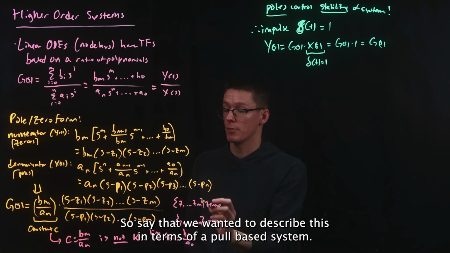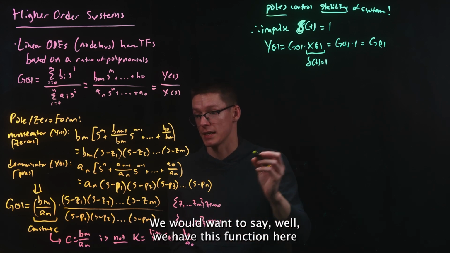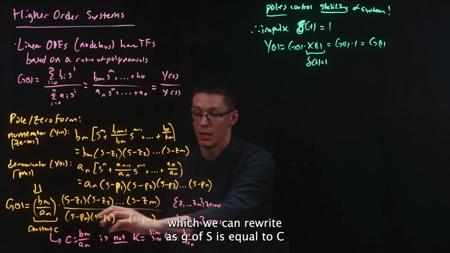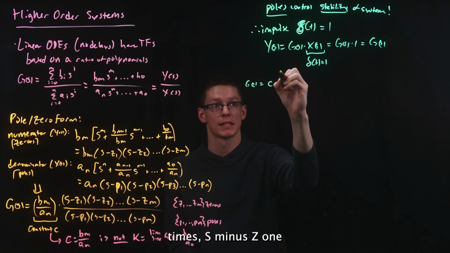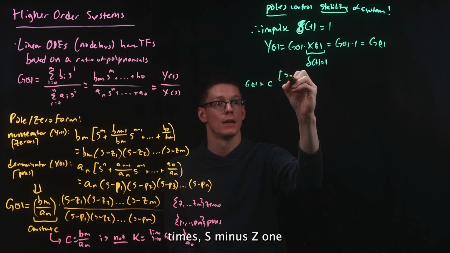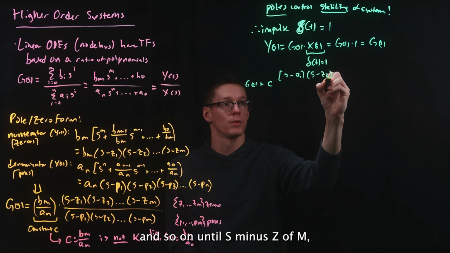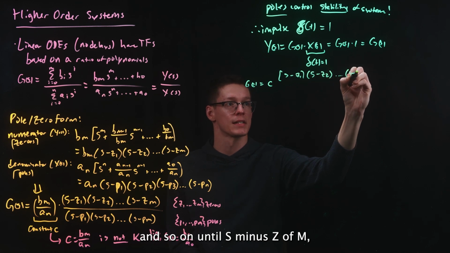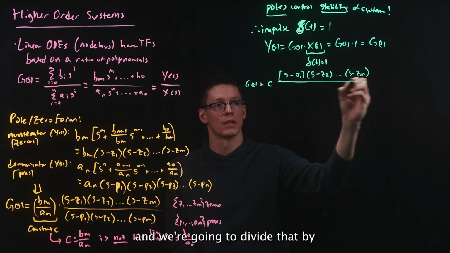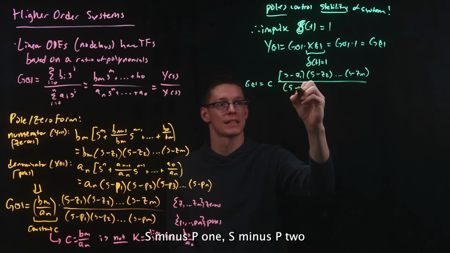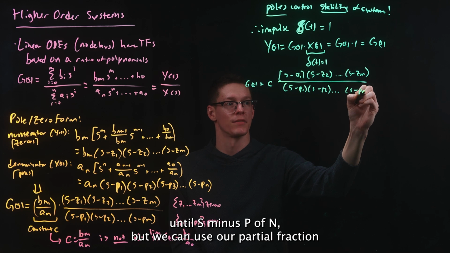So say that we wanted to describe this in terms of a pole-based system, we would want to say, well, we have this function here, which we can rewrite as g of s is equal to c times (s minus z1)(s minus z2), and so on until (s minus zm), and we're going to divide that by (s minus p1)(s minus p2) until (s minus pn).